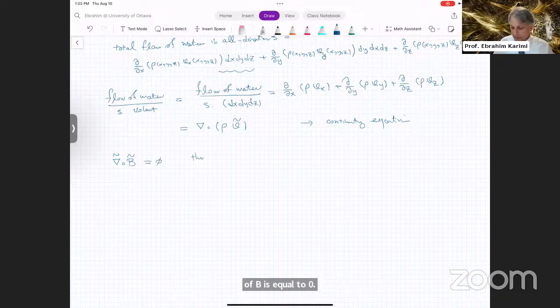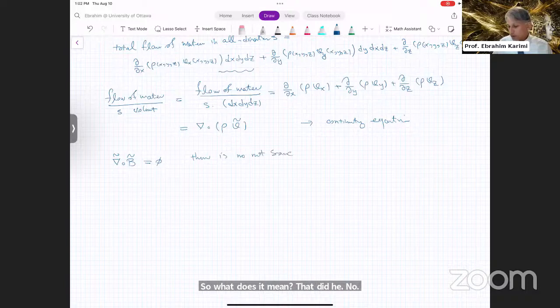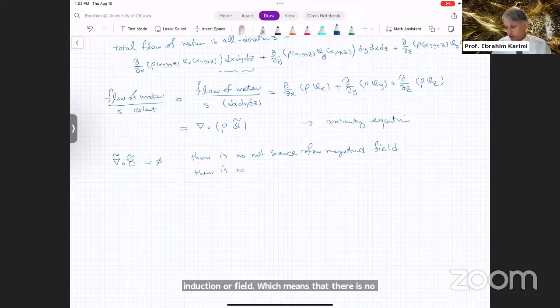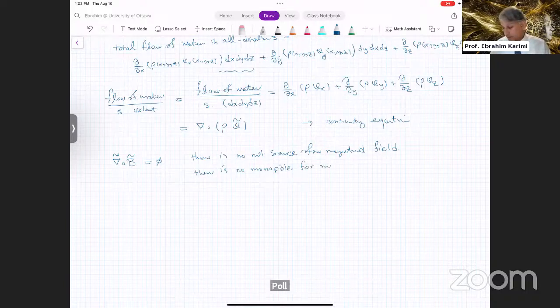That there is no net source for the magnetic induction field, which means that there is no monopole, no magnetic monopole for the magnetic field.